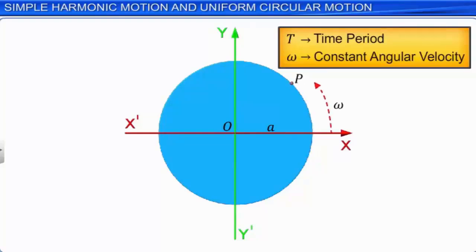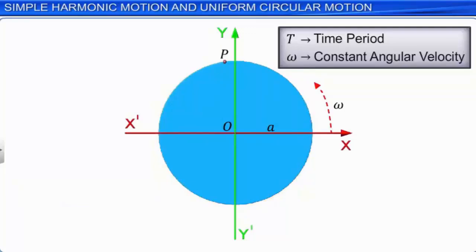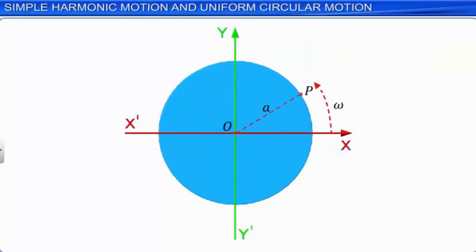This circle is called the reference circle. Since angular velocity is constant, the particle executes uniform circular motion. After the particle has moved for some time in the reference circle, take a projection of the particle on the y-axis. Label it as P'.